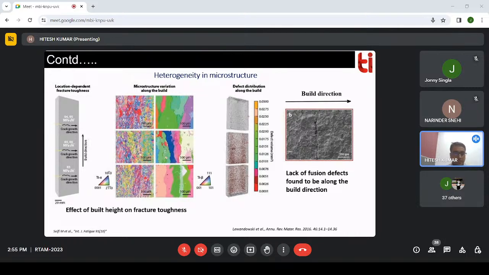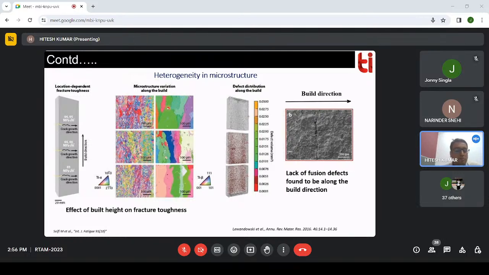They also saw the microstructure variation along the build direction. You can see there are many stresses and misorientations. In terms of EBSD, these are the misorientations you can see inside a particular grain. There are many misorientations inside the grains. But in another direction of your material, along the build direction, the material is totally recrystallized.